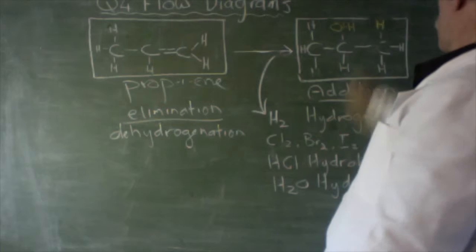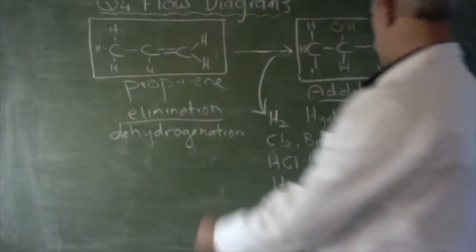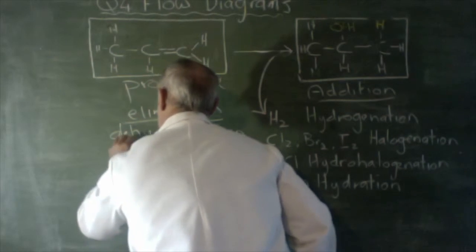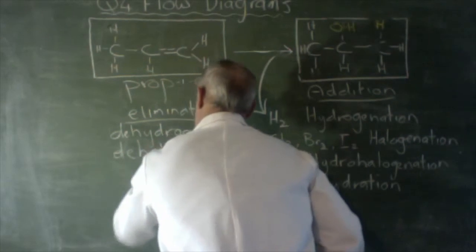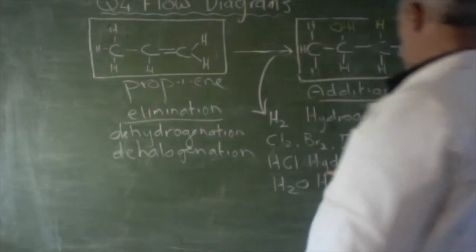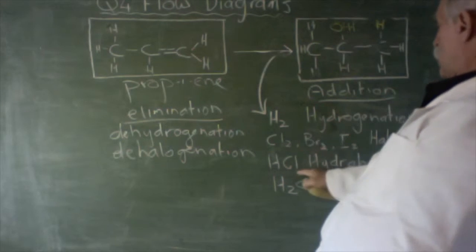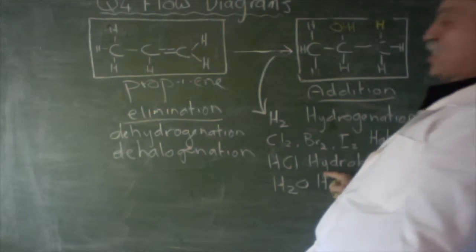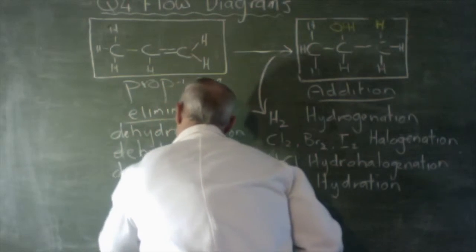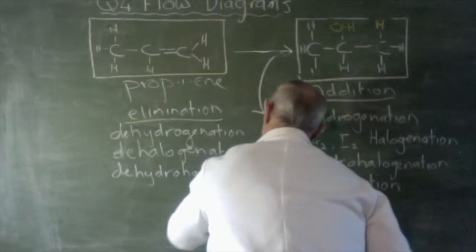Or what if we had two halogens on here and we went the reverse way: dehalogenation. Or if we lost an H and a Cl, dehydrohalogenation.